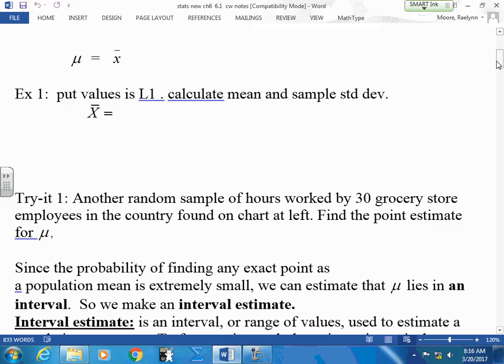One county, like Orange County, Sussex County, one county. The data listed below represents a random sample of the number of hours worked by 40 employees from several grocery stores in that county. So what's my population?